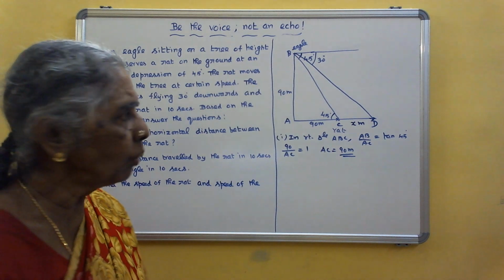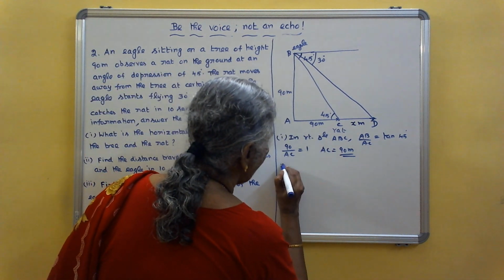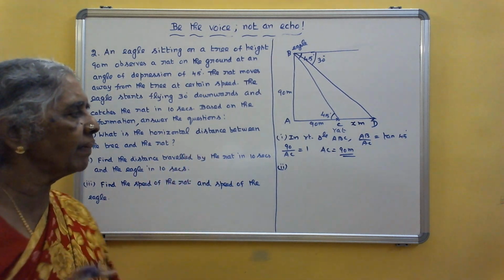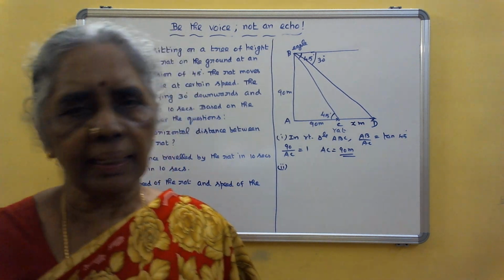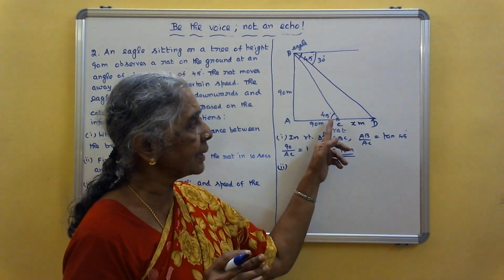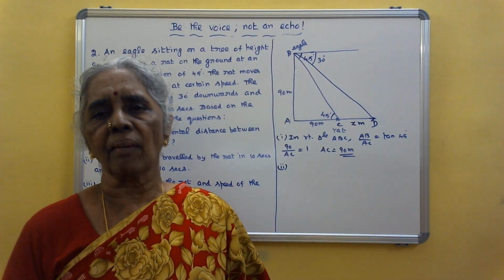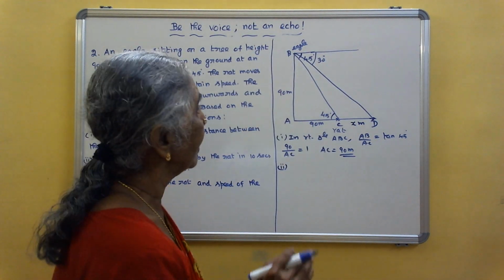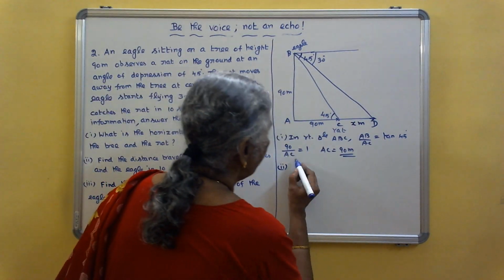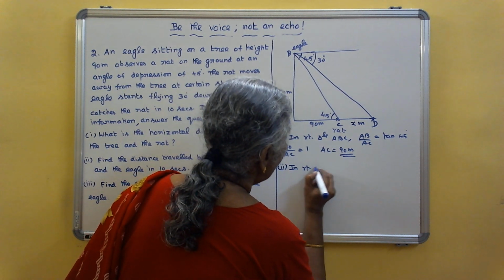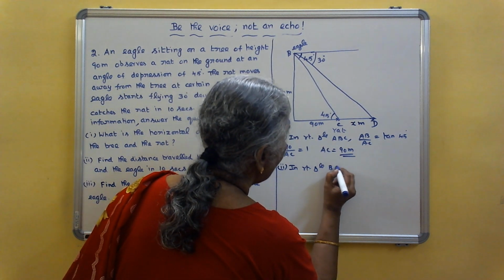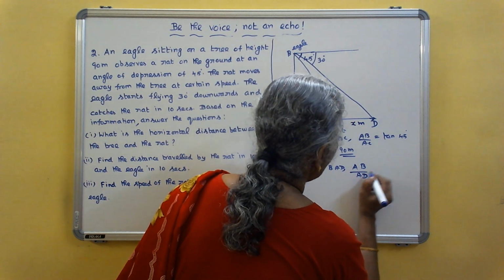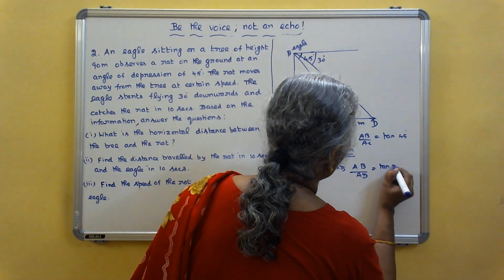Now let me move on to the second subdivision. The second subdivision is the distance traveled by the rat in 10 seconds. This x, that is the distance traveled by the rat in 10 seconds. Let us take the big triangle BAD. In right triangle BAD, AB by AD will be tan 30 degrees.